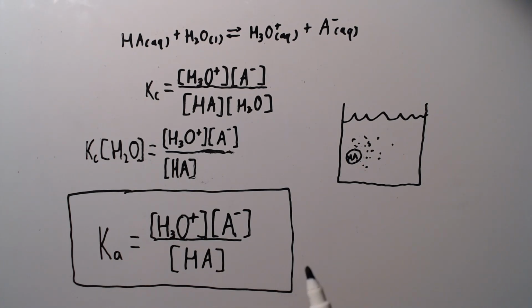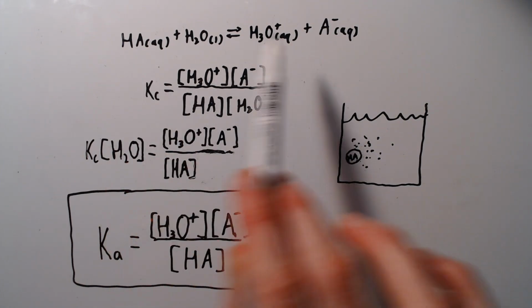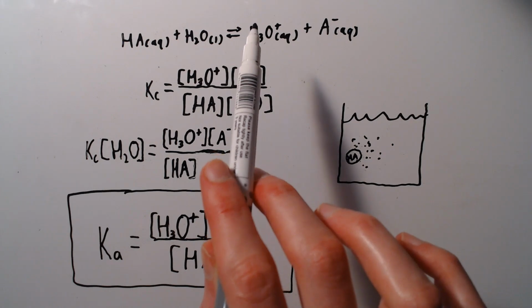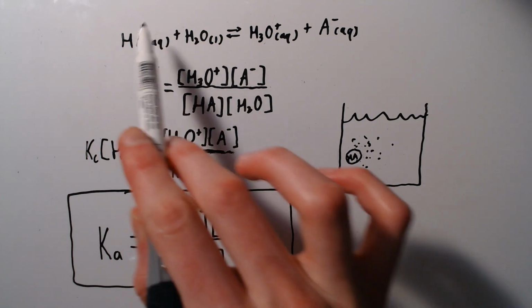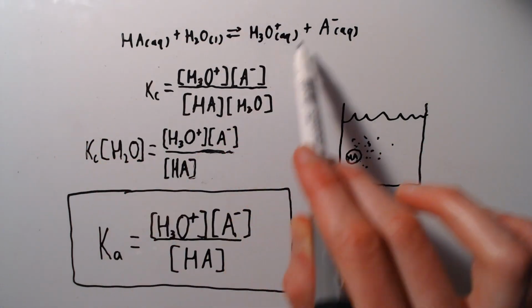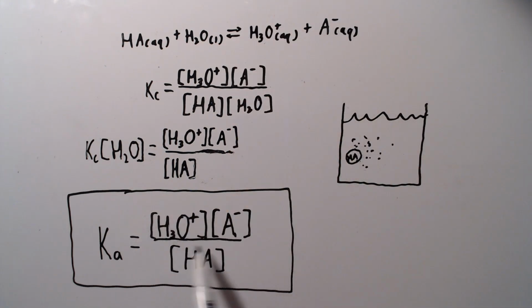So this constant is easier to use when representing the equilibrium concentrations of the reactants and products of the acid dissociation reaction. In effect, when a lot of this acid dissociates, the concentrations of the products on top are very high. Because if a lot of this stuff dissociates, then we get a lot of this and a lot of this. And when we get a lot of these products, this multiplication of the products increases in value.